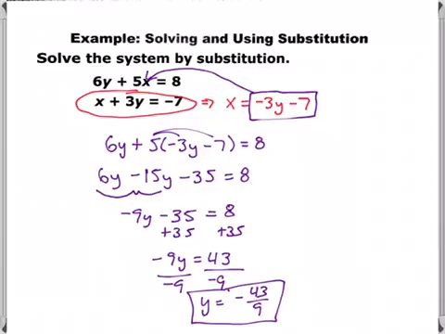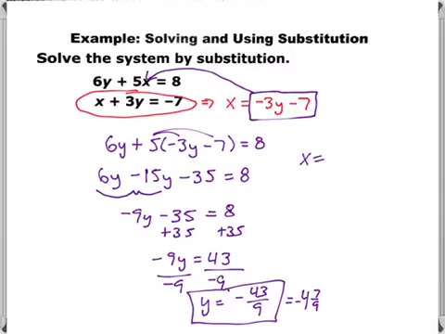And then to solve for x, I'm going to plug it back in and see what I get. Keep in mind that 43/9 is the same as negative 4 and 7/9. And so we're going to plug that back in to see what we get for x.